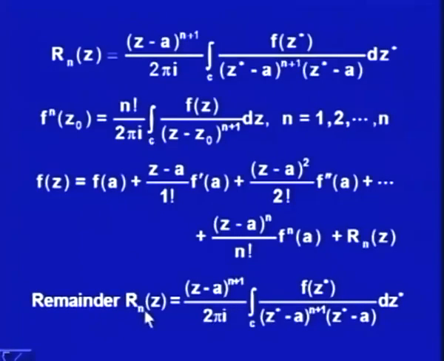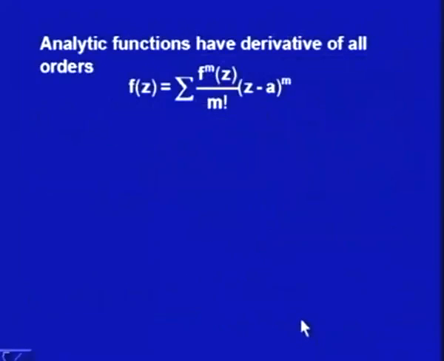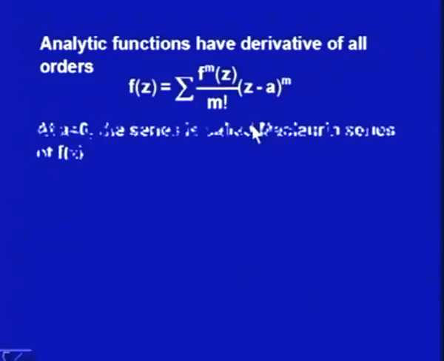Now, the remainder term R_n(z), which is (z minus a) raised to power n plus 1 over 2 pi i, integral of f(z*) divided by (z* minus a) raised to n plus 1 into (z* minus z) dz*, is integrated over the closed curve C. This can be simplified and may be shown that this tends to 0 as n tends to infinity, and with this the analytic function f(z) is represented as summation f^(m)(a) over factorial m into (z minus a) raised to power m.